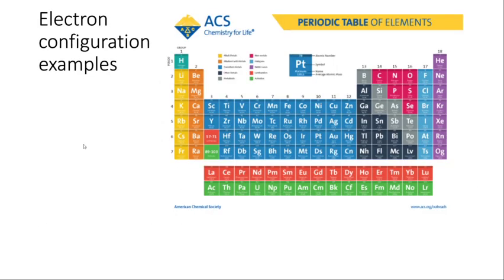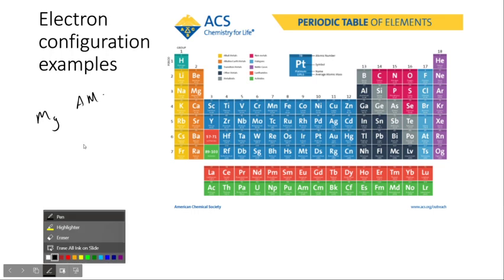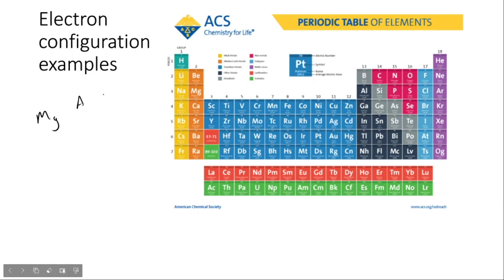Let's take a look at some other examples. Okay. So if we look at, let's say, magnesium, we'll walk through this again, right? Magnesium. It is number 12, right? So atomic number, that is not an N. Erase that.